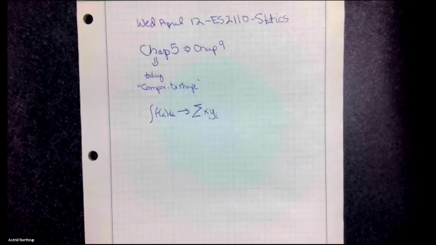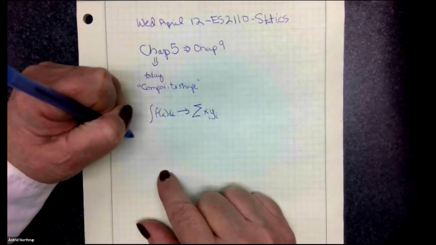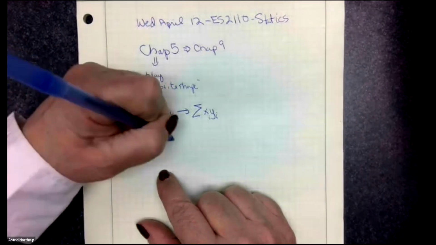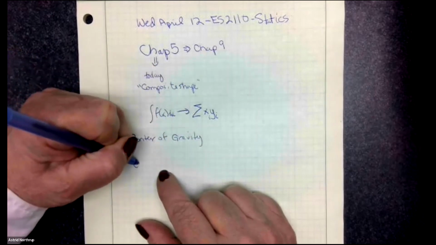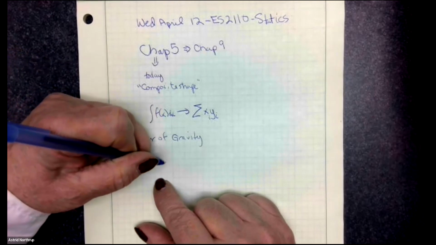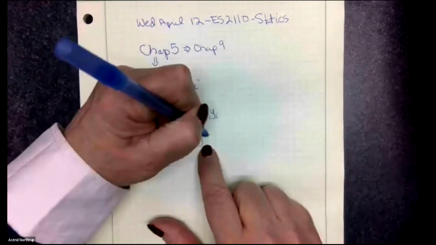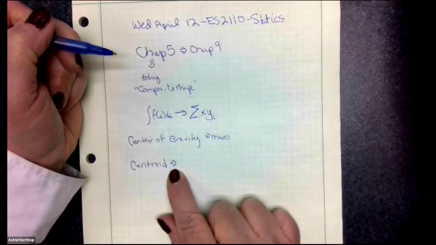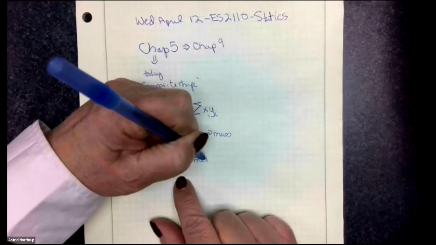All right, so what we're talking about in chapter 5, in the beginning, we are talking about a concept called the center of gravity, which is tied into an idea of a centroid. And these two ideas, this one is based on mass, more or less, and this one is based on geometry.